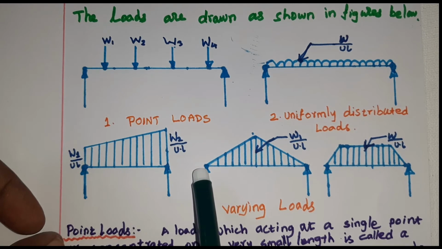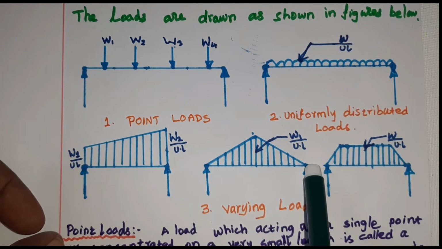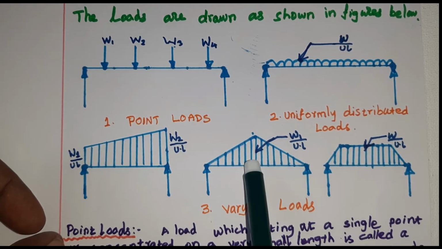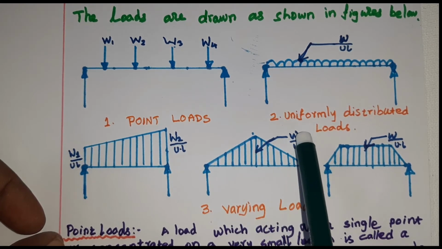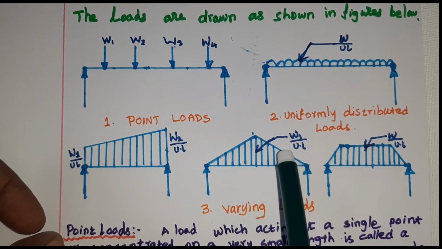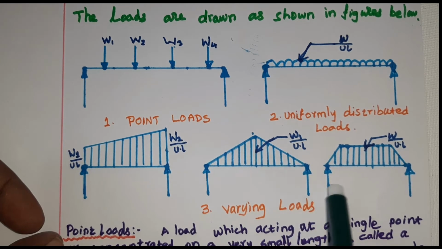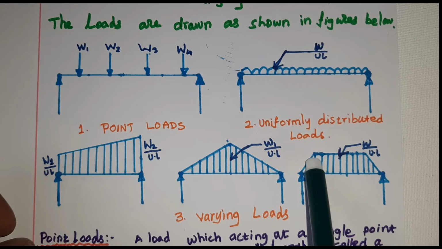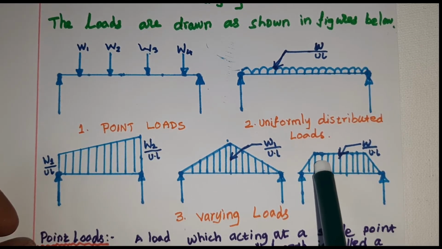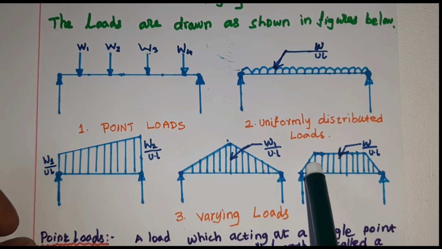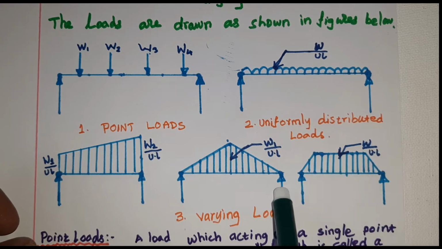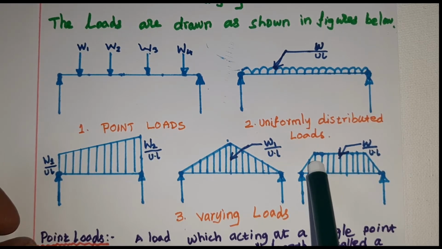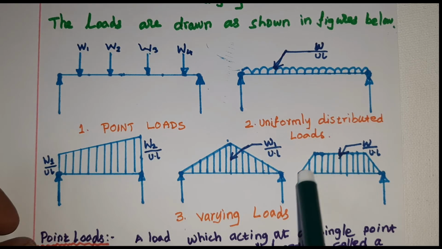Here the load intensity is 0 at the support, but at the center we have the maximum load W1 per unit length. This kind of load arises from a two-way slab. This one also arises from a two-way slab, which has a Ly by Lx ratio of slab greater than 1.